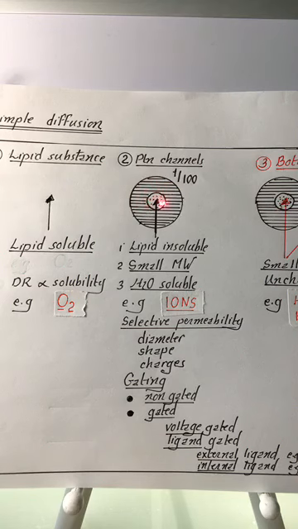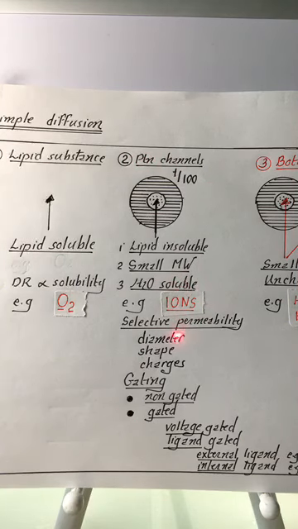Protein channels constitute only 1/100 of the area, they are very small, so the molecules must be of low or small molecular weight. Protein channels contain water, so they must be water soluble. And the best example here is ions. All ions pass through the protein channels.